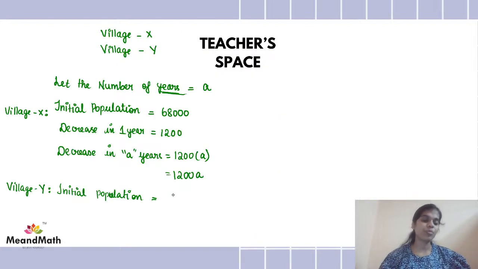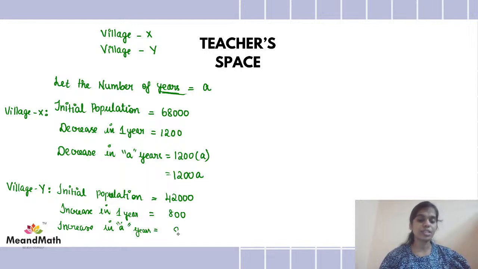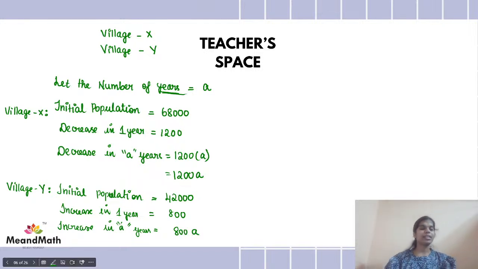Initial population is 42,000 and increase in 1 year equals 800. So, increase in A years equals 800A. These are the given details, right?